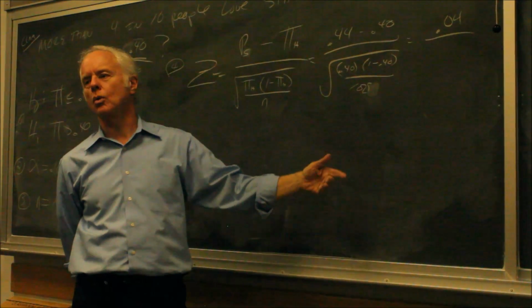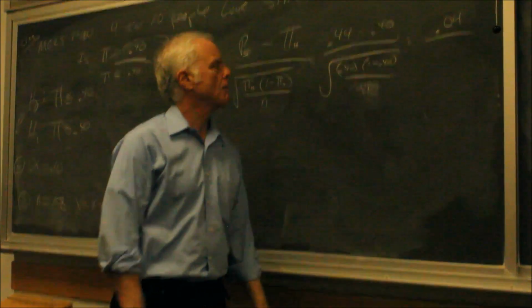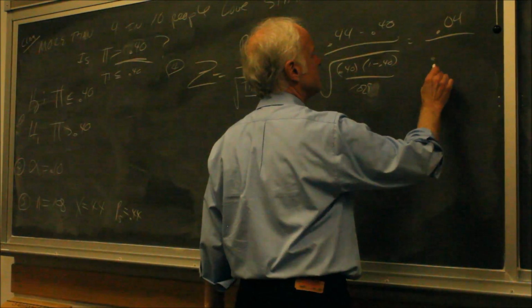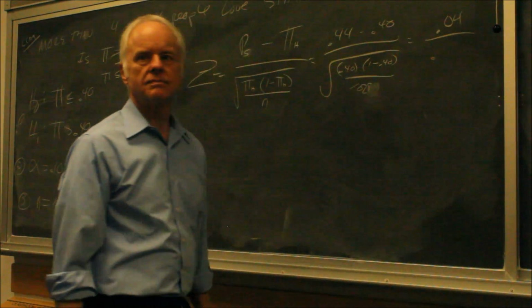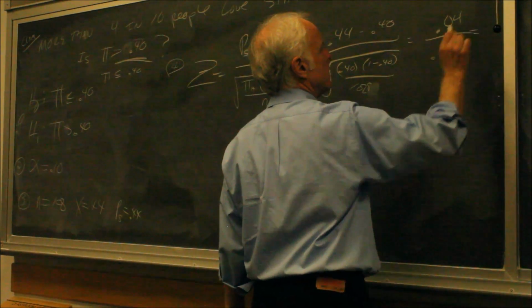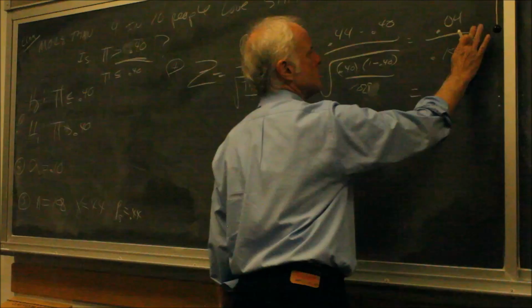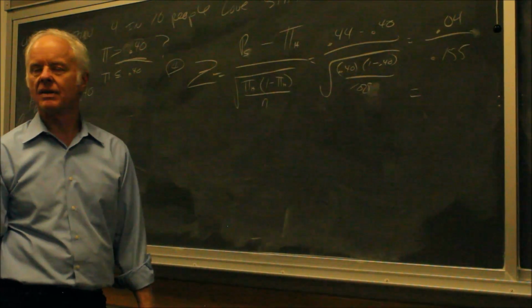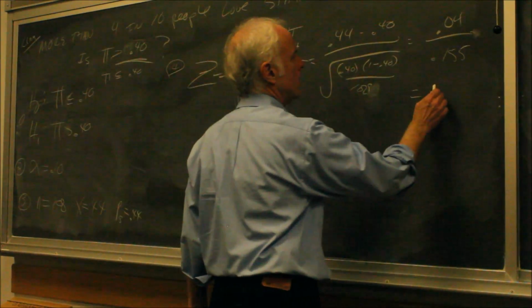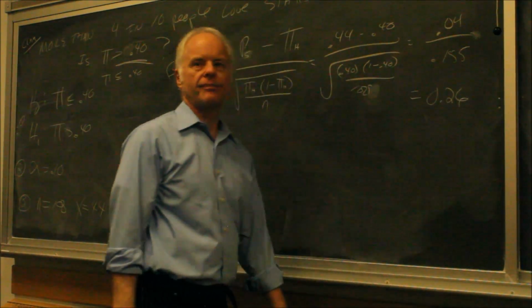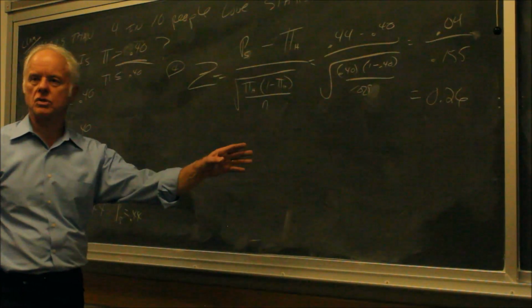What's the square root of 0.024? It's 0.155. So the test statistic is 0.04 divided by 0.155, which is 0.258, about 0.26. Okay, so that's the test statistic.